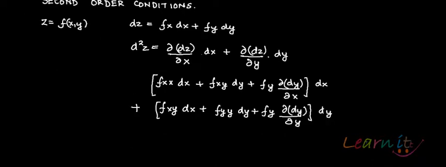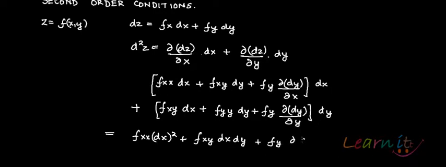Okay, so simplifying this further, what you're going to get is fxx dx square plus, let me not write this 2 here, f of xy dx dy. This is what you will have, plus fy del of dy by del of x dx.